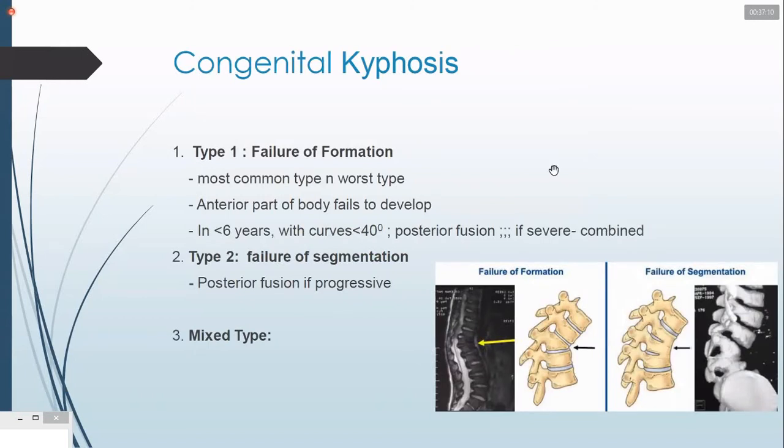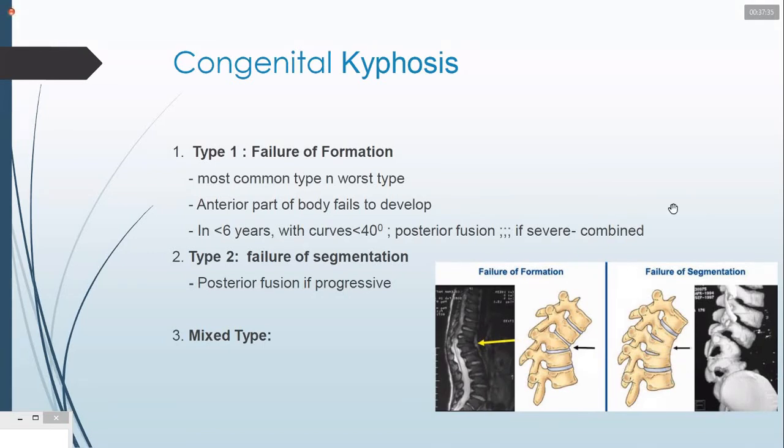So congenital kyphosis. There are different causes of congenital kyphosis. Congenitally, there might be failure of formation, in which only part of the vertebra forms, and this results in kyphosis. The other is failure of segmentation.